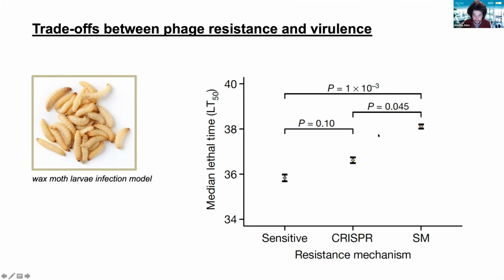So there is a clear virulence trade-off, but only if bacteria evolve surface resistance and not when they evolve CRISPR immunity. Being able to manipulate this evolutionary response could be quite important in clinical settings.